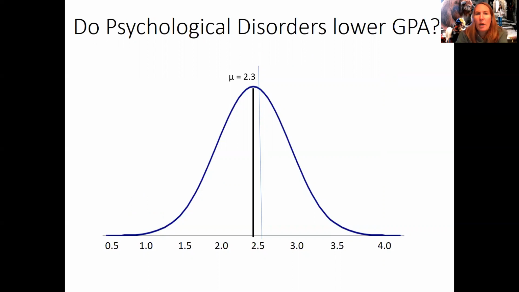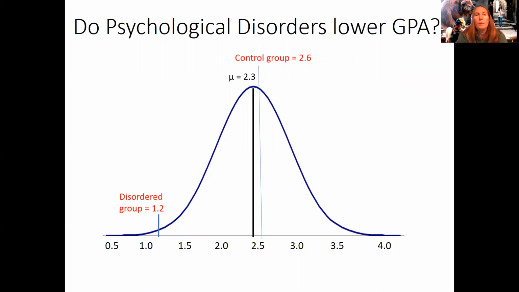Okay, so if we go back to our psychological disorder example, remember that there is a true population mean out there. We just don't know what it is most of the time, but there is a population mean out there, okay? So let's say for psychological disorders that the population mean is 2.3. That's the average mean of college students' GPA in the entire world.